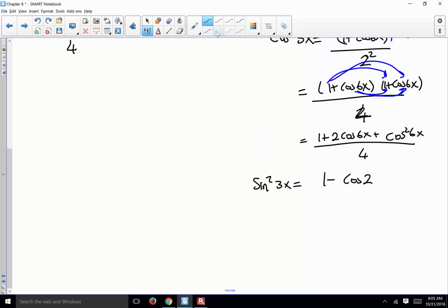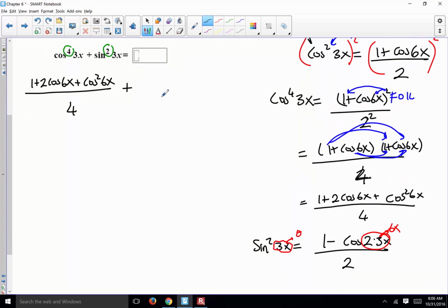But what is our theta? This is your theta. So imagine theta is turned into 3x. That's actually 6x, this thing. So I will just copy that answer right here. Okay? So again, this part is here, that part is here.